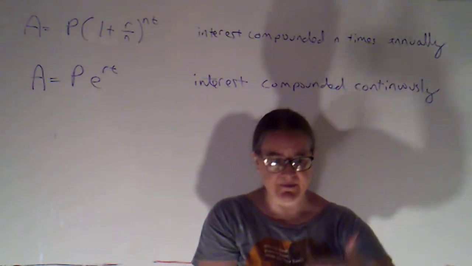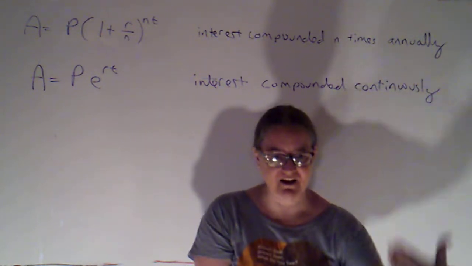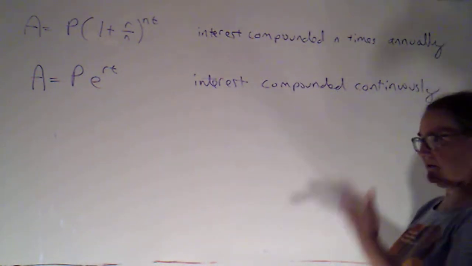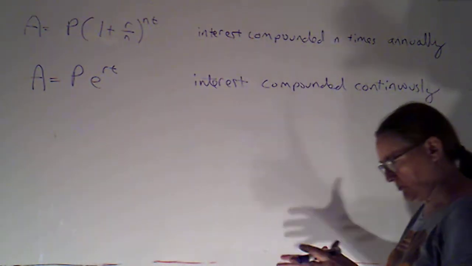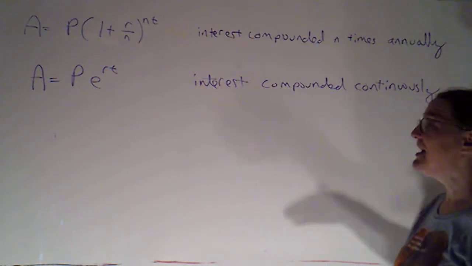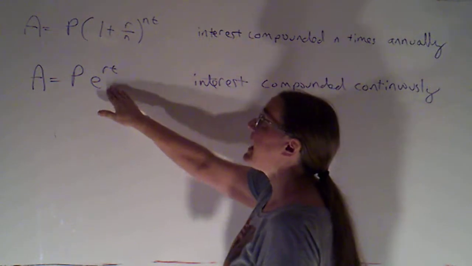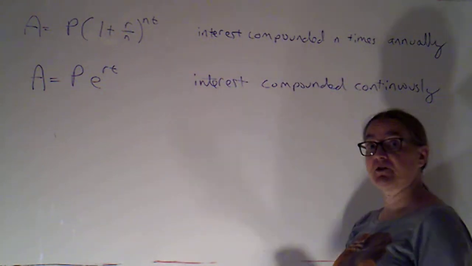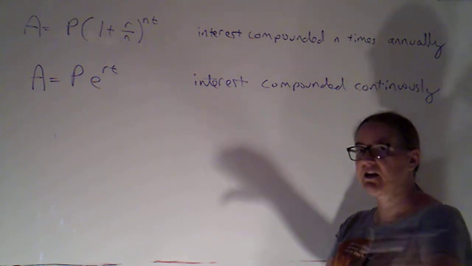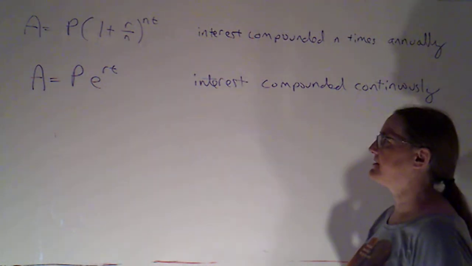There's no stopping to calculate it. It's just an ongoing process. Now, it's difficult to do that physically, but we can figure out how to do it mathematically. So this is mathematically how we mimic the natural world, so that we don't stop and assess periodically, but we're just continuously reassessing the process.